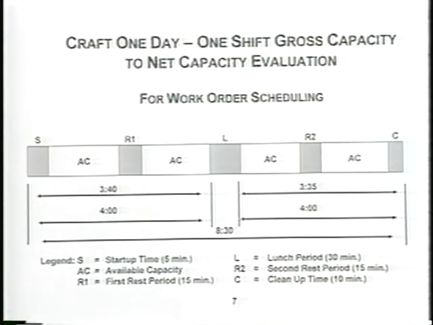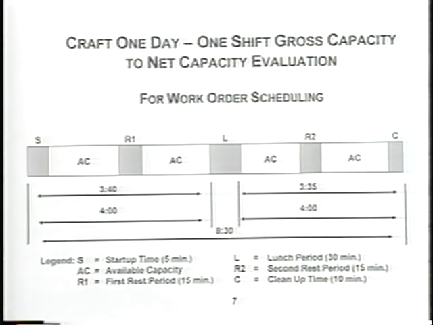We'd have additional available capacity, and then we would have C, which is cleanup time. Now, you'll notice that I've identified the time elements for each one of the half shifts, and also the time elements for the full shift.